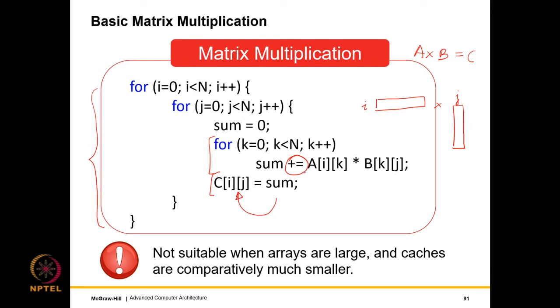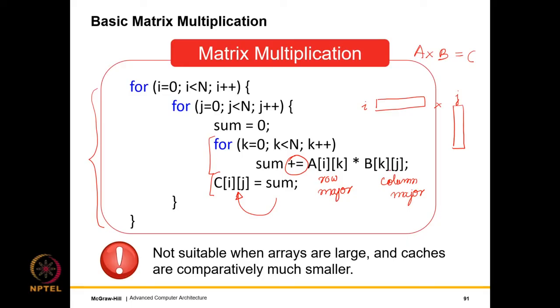So when arrays are large, let's say they are much larger than the size of the cache, this will actually lead to a very inefficient traversal, so to speak, because just take a look at this array. In array A, we are essentially traversing the array in row major order. But here, what we are doing is we are choosing a column and we are traversing that array in column major order. So we are clearly not taking advantage of spatial locality.